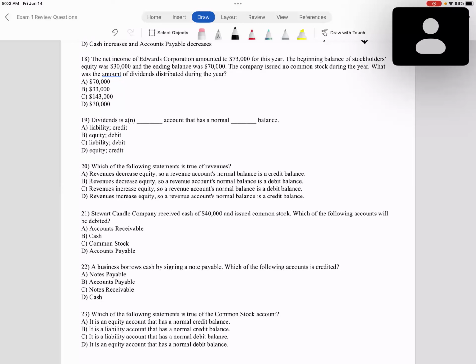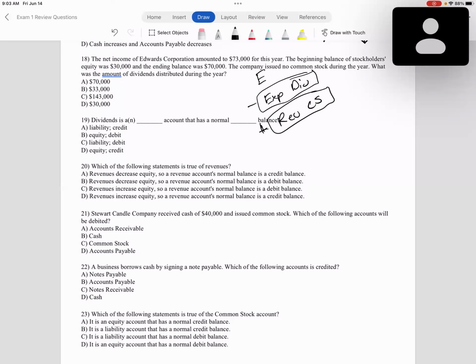Okay, so this one is just looking at accounts that impact equity, right? So your four equity accounts are expenses and dividends, which both have debit balances, and then revenue and common stock. These two increase equity, these two decrease equity. So we had net income of $73,000.